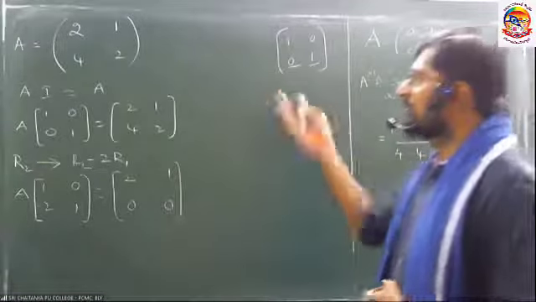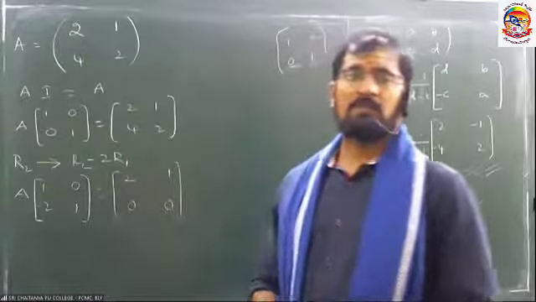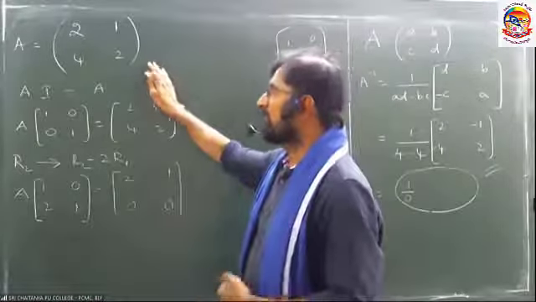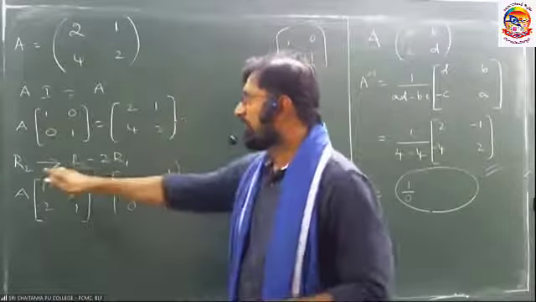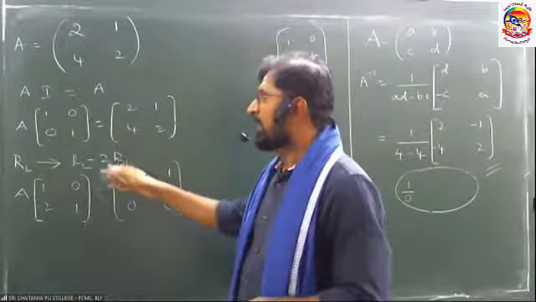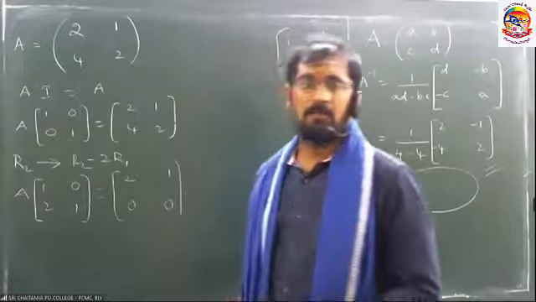Now, how to do it in the normal method when elementary transformations have been given to you? Capital A is equal to this, AI is equal to this. R2 changes to R2 minus 2R1, if I do that, I am going to get the last row as 0.